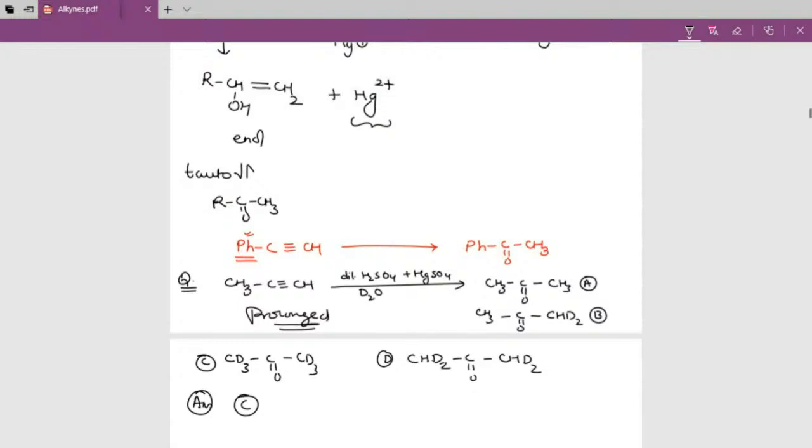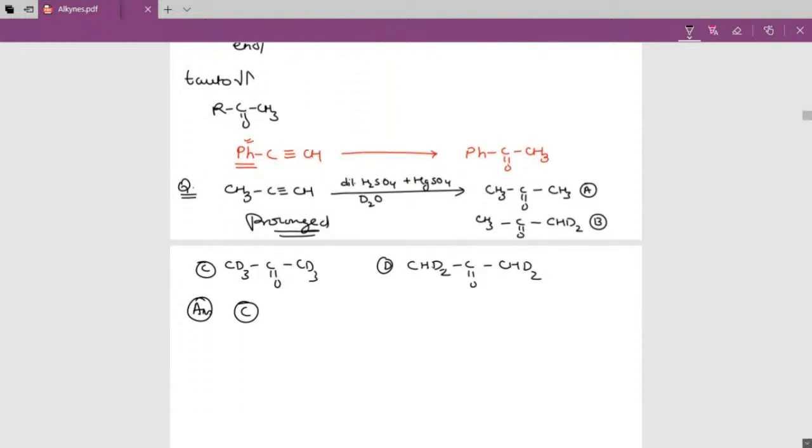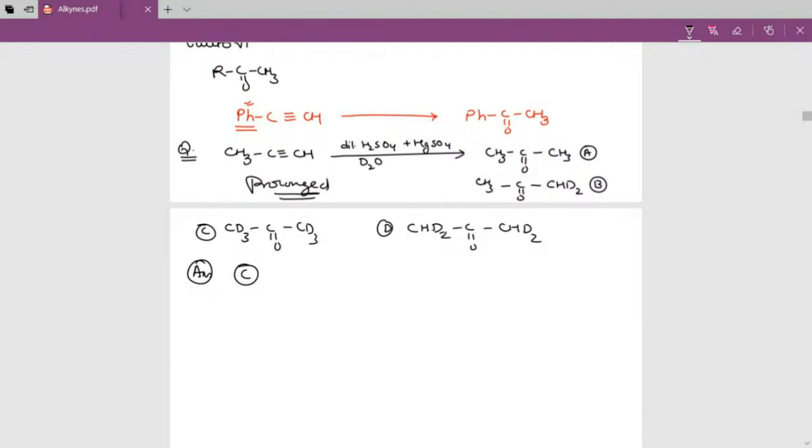Why? Because once the ketone is formed, then through tautomerization, it will continue to exchange. I'll write just a hint that this type of tautomerization will continue to exchange this alpha H with deuterium.